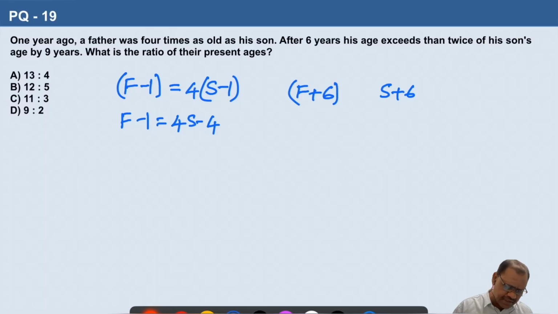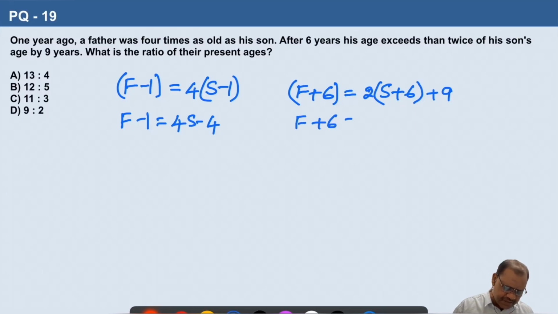So the age of the father is equal to 2 times the son's age plus 9. Simplify this.